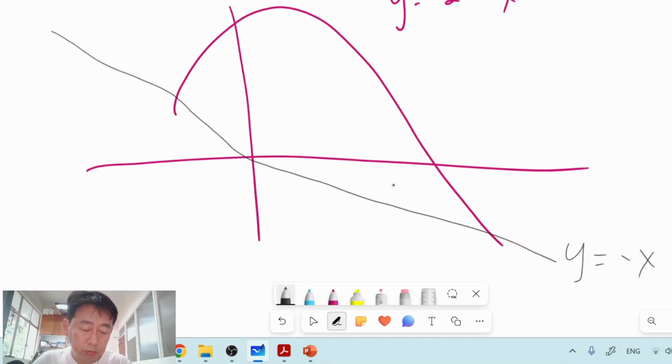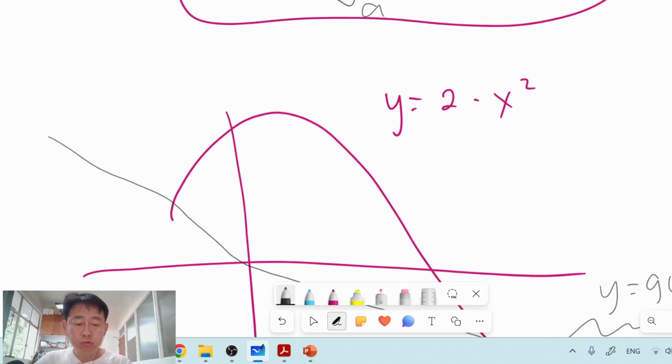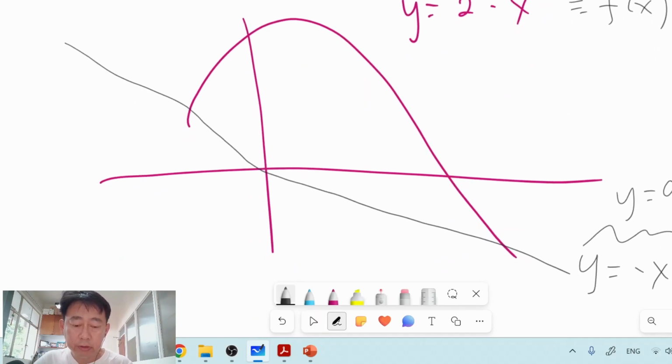The curve y equals minus x represents the curve sitting at the bottom of the area, so we call this g of x, where g of x is simply minus x. Here, 2 minus x squared is the function sitting at the top of the area to be integrated over, and here is the intersection between the two curves.